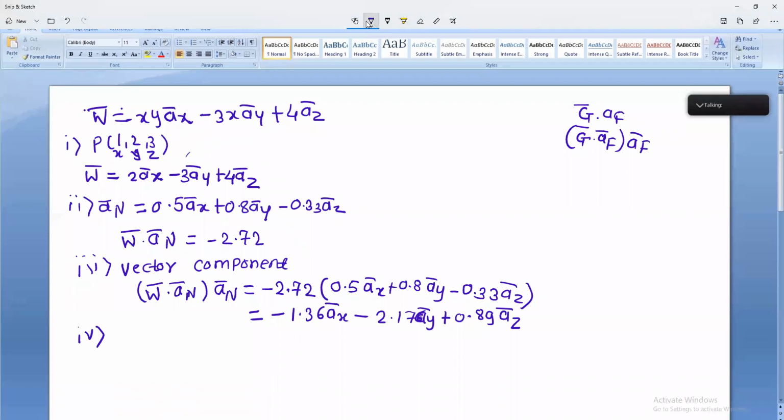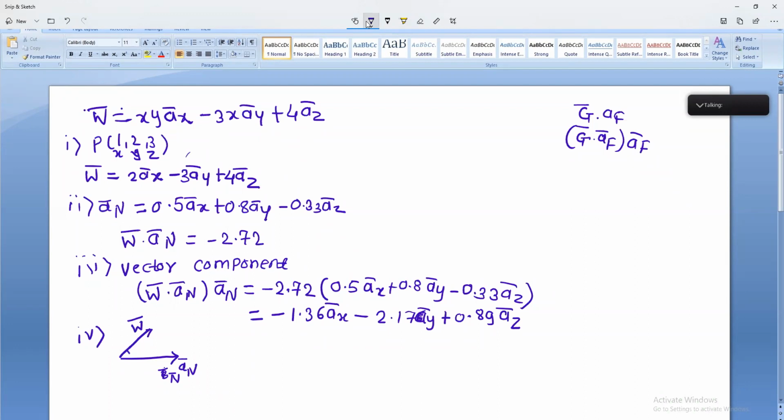So angle theta is asked between W bar and the normal unit vector a bar n. You can consider this as any vector, B bar, or you can consider this vector as N bar, and the unit vector in the direction of this N bar is given by a bar n.